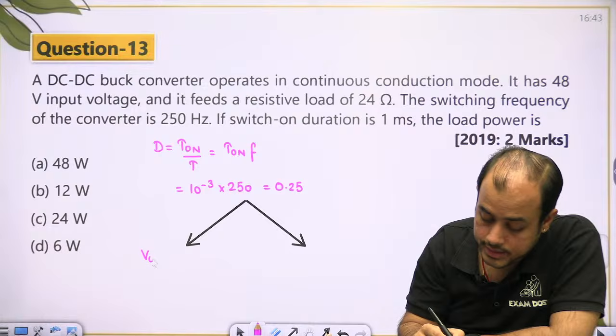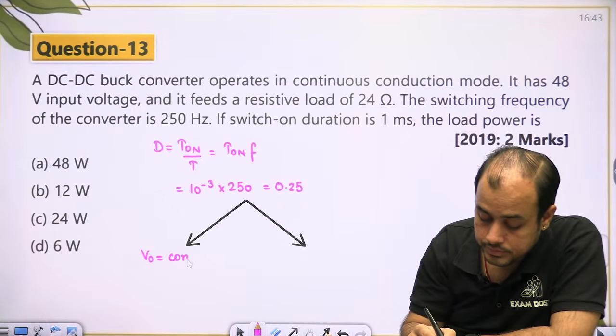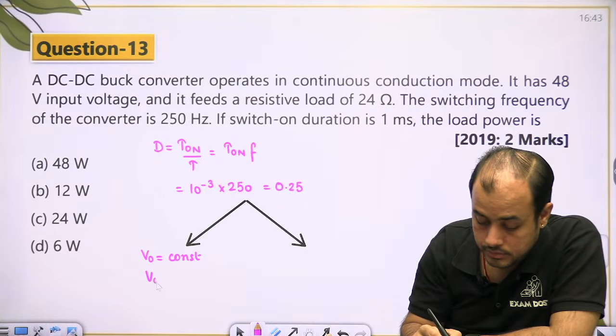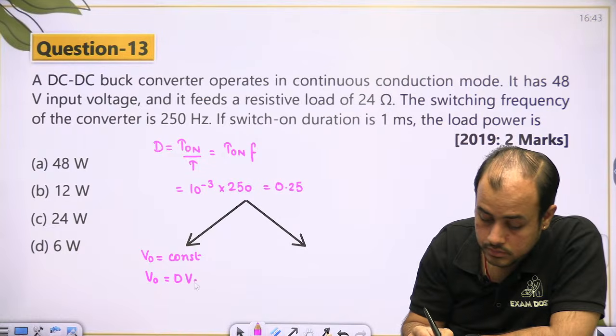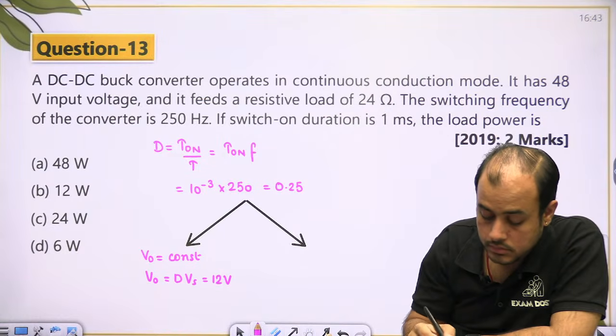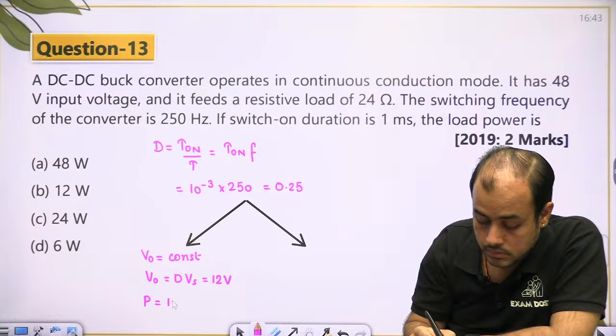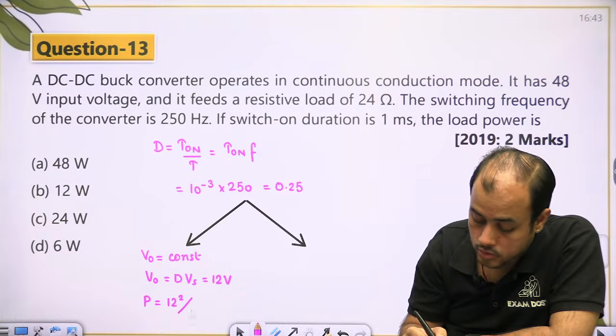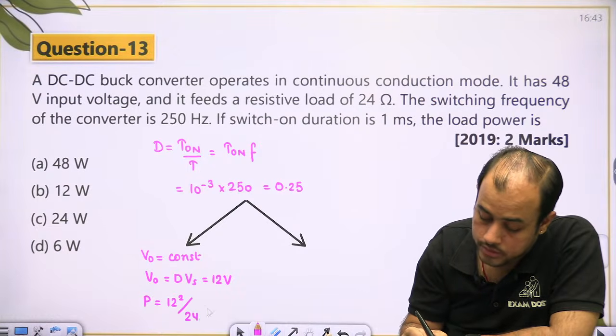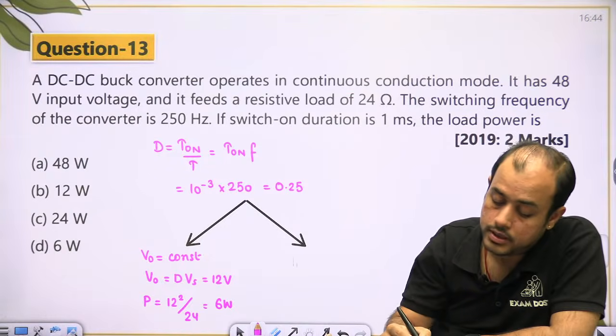If we consider power is 12 square by 24, 6 watt.